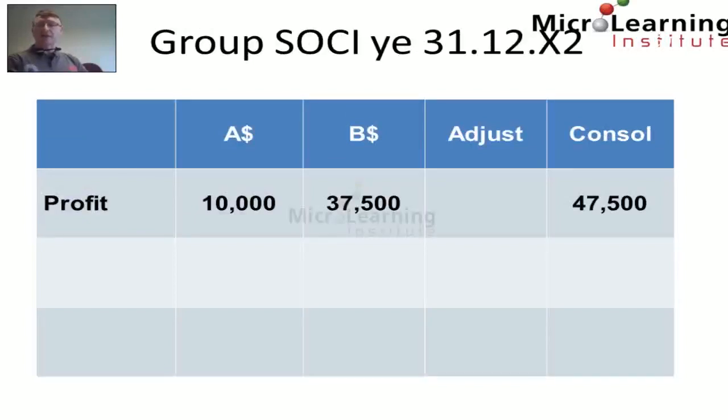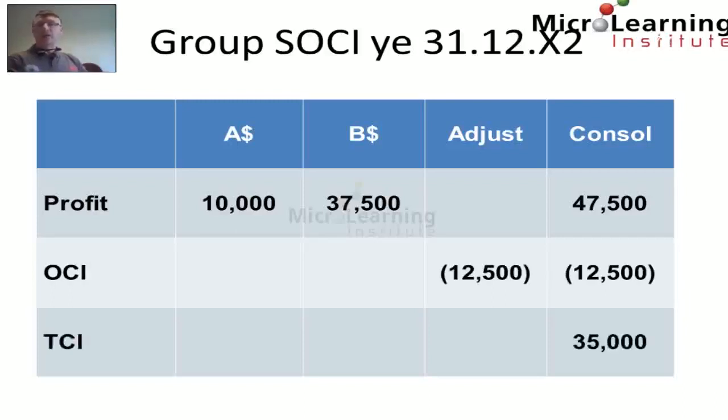So the consolidated profit is the sum of the two at $47,500. And again, in addition to that, in other comprehensive income, we've got the exchange loss on translation of net assets at $12,500. So therefore, the total comprehensive income that's applicable to the consolidated statement of financial position at year end 31st of December X2 is $35,000.